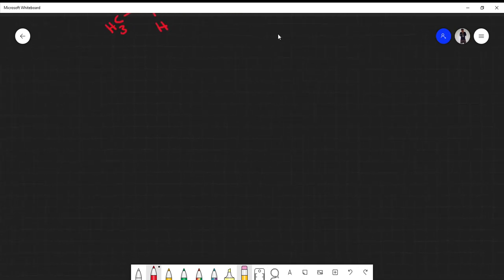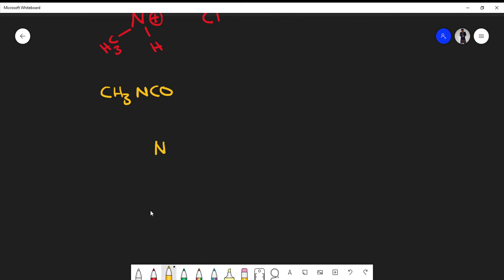So this one was a tough one. How do we tackle this one? CH3 and CO. Well, I'm always going to look at a CH3 as just being one unit. And in fact, you could look at it as a CH3 maybe being bonded to the nitrogen, and the nitrogen bonded to some sort of CO. So if I place the nitrogen in the middle, then I could see that CH3 in this case forms a single bond.